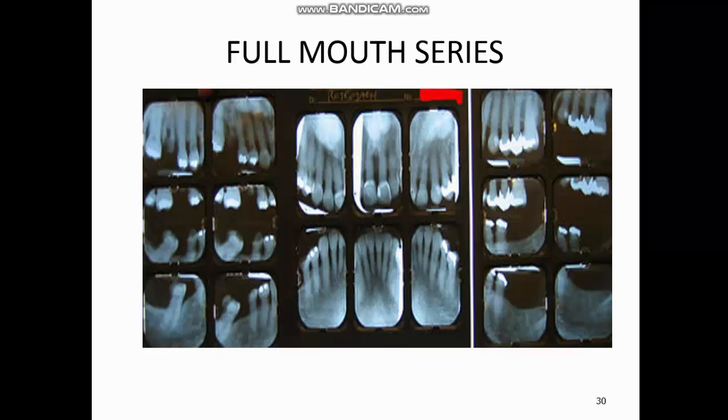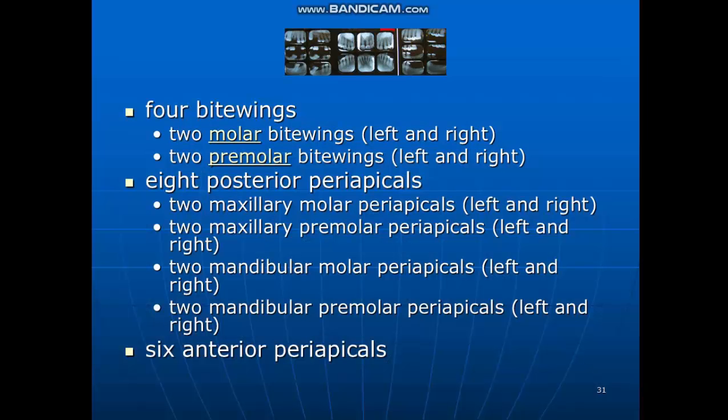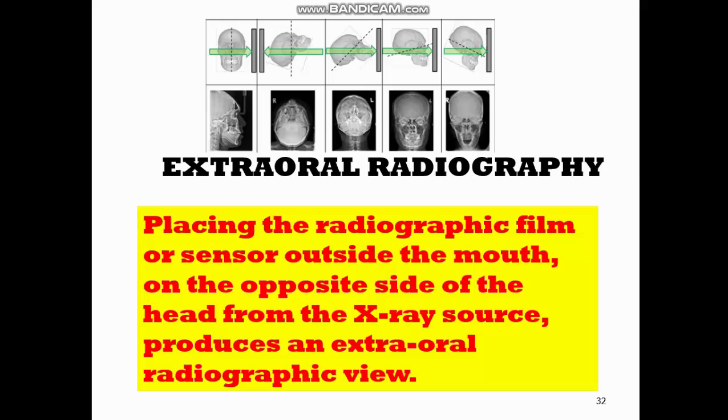And finally, the full mouth series. As you can see here, the full mouth series consists of 4 bite-wing views, 2 molar bite-wings, left and right, and 2 premolar bite-wings, 8 posterior periapicals, 2 maxillary molar periapicals, 2 maxillary premolar periapicals, 2 mandibular molar periapicals and premolar periapicals, and 6 anterior periapical views.